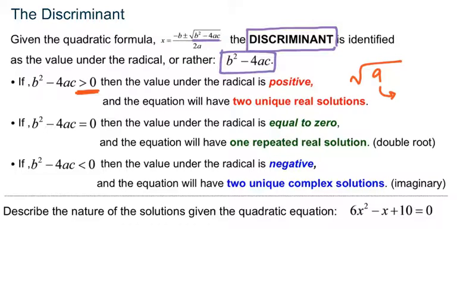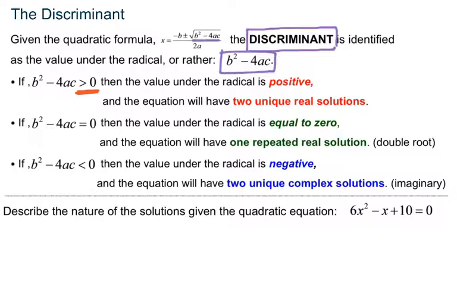The square root of 9 gives a plus or minus, so we'd get positive 3 or negative 3. If we had used the quadratic formula, we might have ended up with 9 under the radical, and that would be positive 3 and negative 3. Two unique just means different, and they are real number solutions.